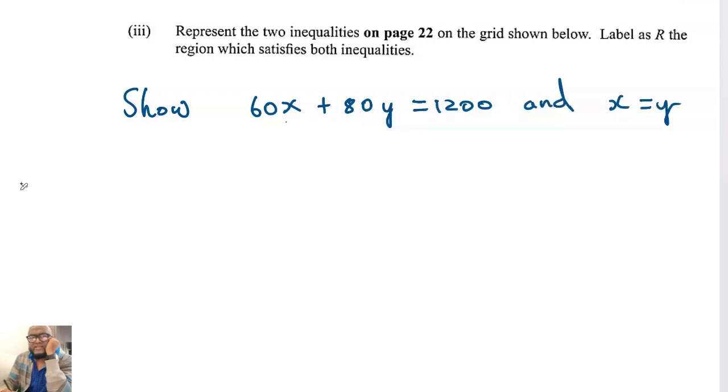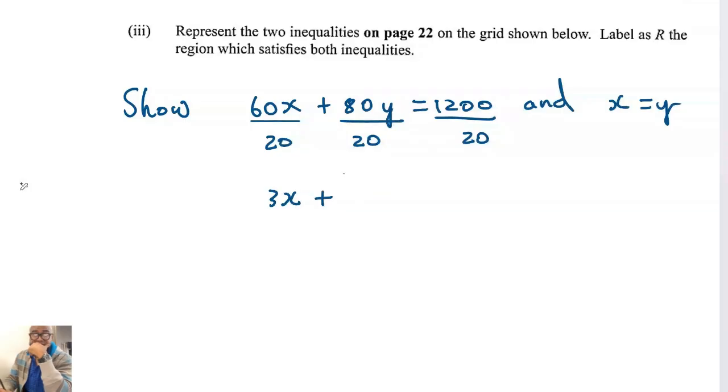Well, I could divide everything by 20 to reduce this equation. If I divide here by 20, here by 20, and here by 20, 20 into 60 gives me 3x plus 20 into 80 is 4y, equal to 20 into 1,200, which is 60.